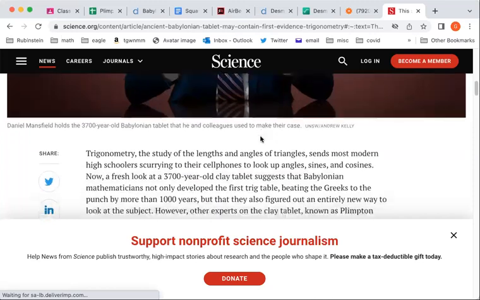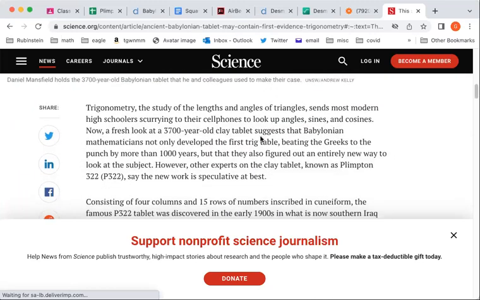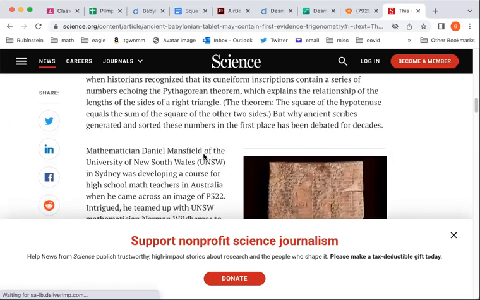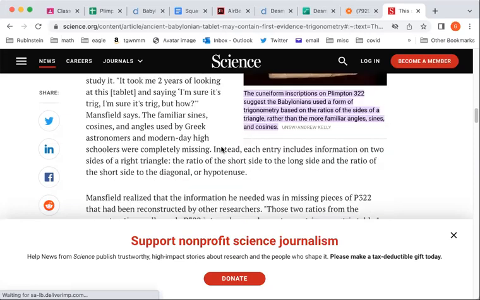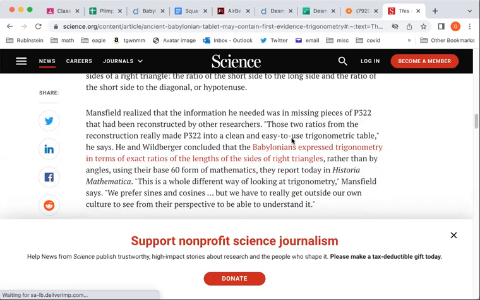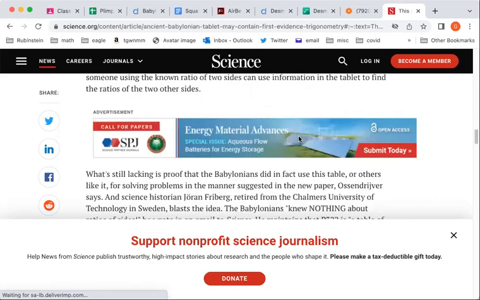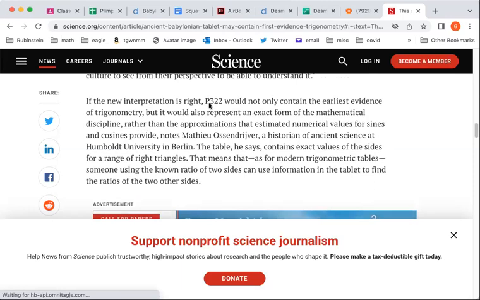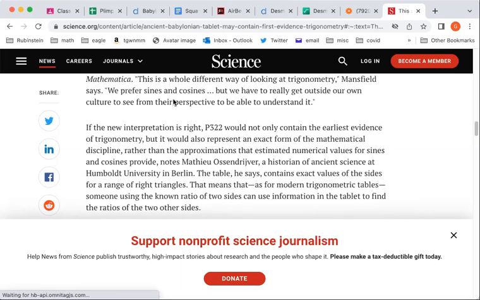So here in 2017, someone writes an article about how it's in Colombia. Well, now Mansfield. Here's the guy talking about, maybe Mansfield is still saying it's not a new interpretation. I should read this. You see, this is kind of a weird article because they're saying it's the new interpretation.